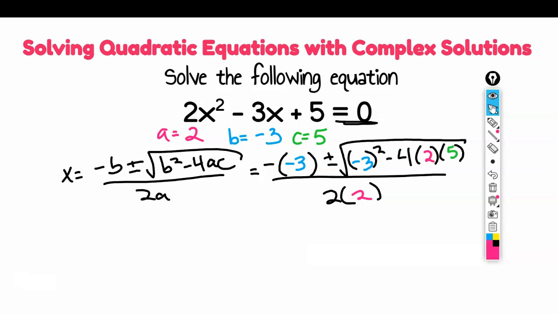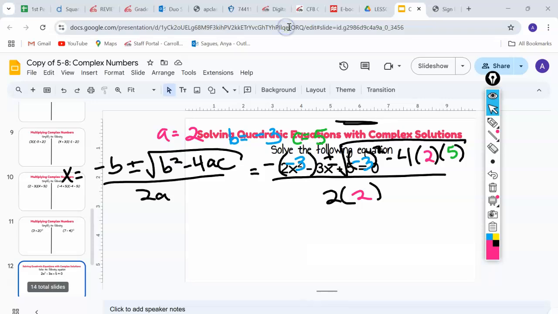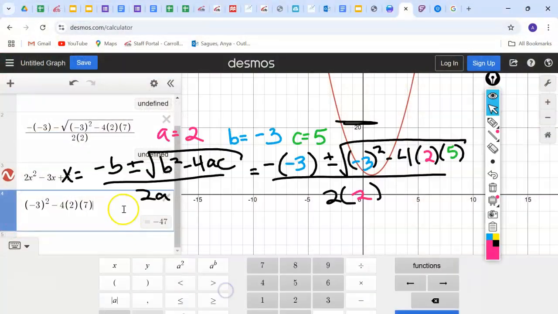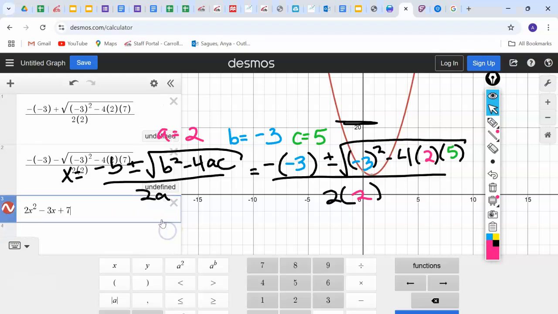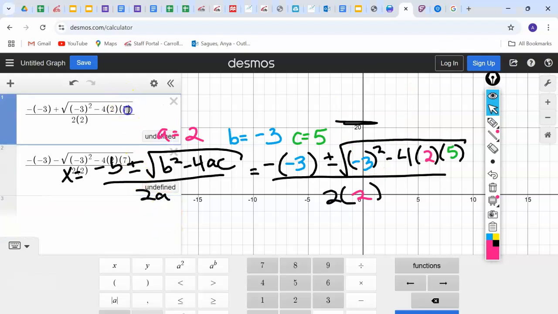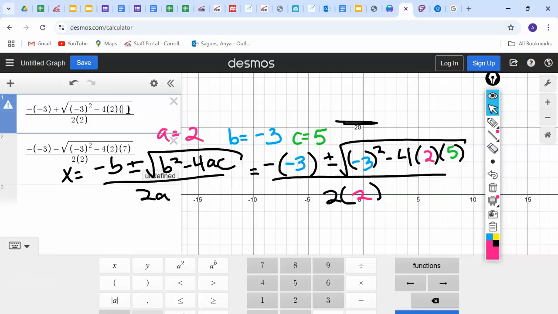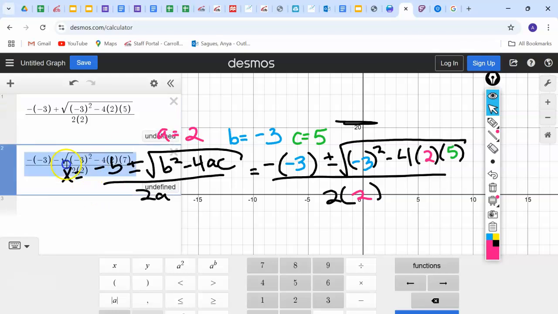So I go to Desmos. So we will do this together. I go to Desmos. And I see that it's actually really similar to our beginning problem, but instead of a 7, there's a 5. So I don't really need to go through too much difference there. But it's still undefined.